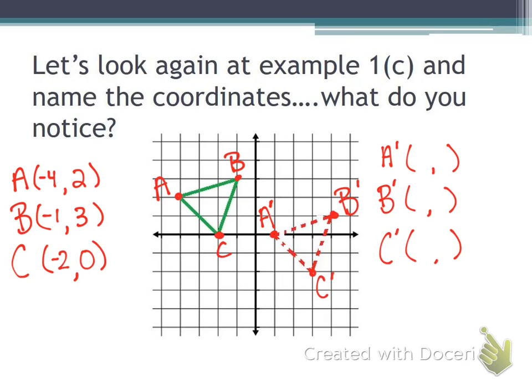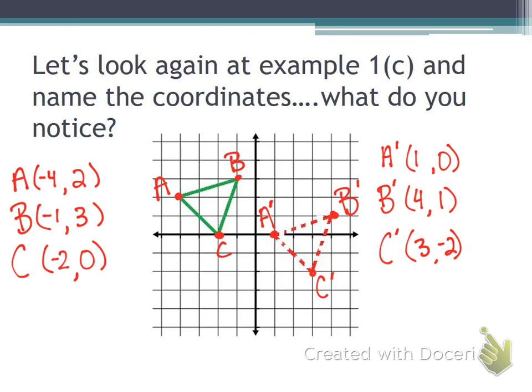Okay, then what are the coordinates of A prime? 1, 0. What about B prime? 4, 1. Okay, and C prime? 3, negative 2. So the question is, what do you notice? Is there anything that you notice about the coordinates from the original to the image?